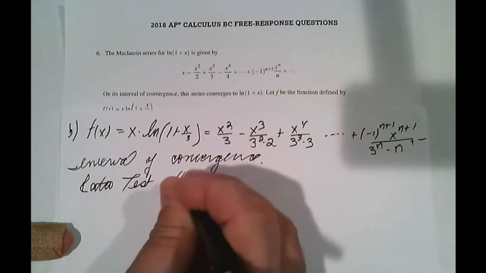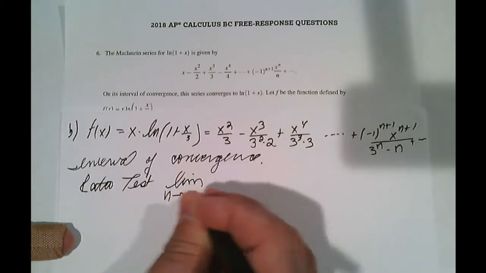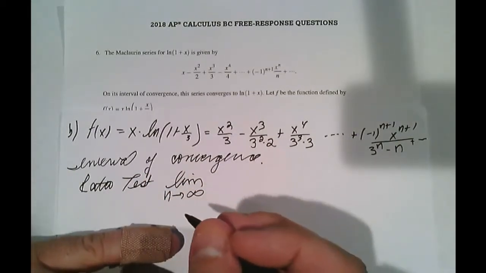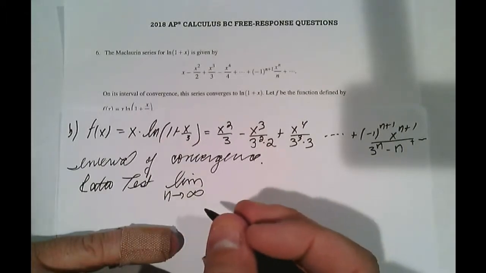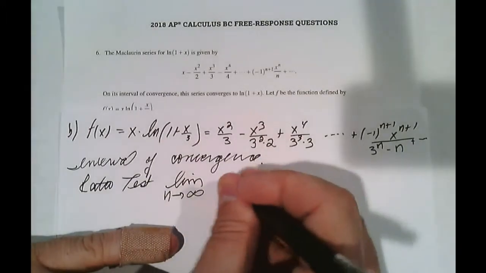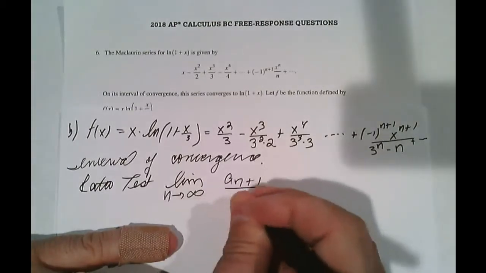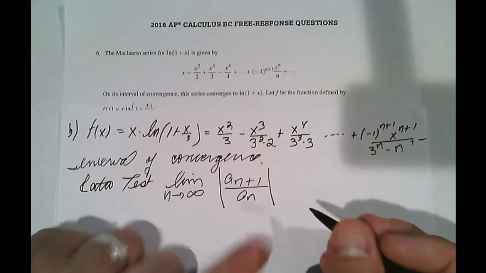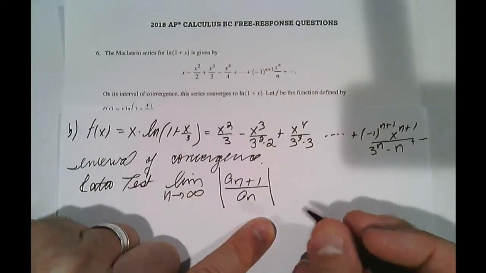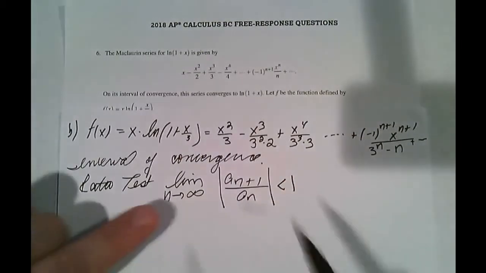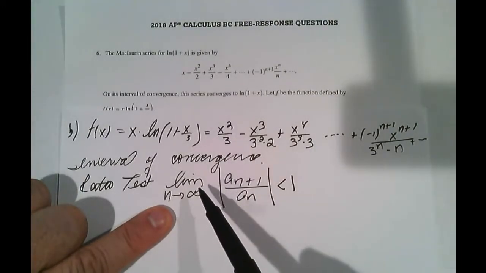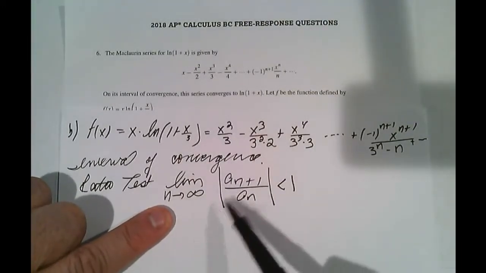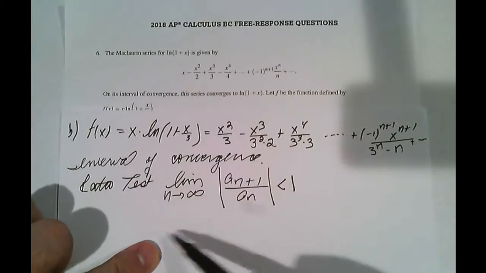And in the ratio test, you're going to evaluate the limit as n approaches infinity of the n plus 1th term, a sub n plus 1, over a sub n. You're going to look at the absolute value of that ratio, and you're going to compare that to 1. Let me back up on that thought. This is what we know.